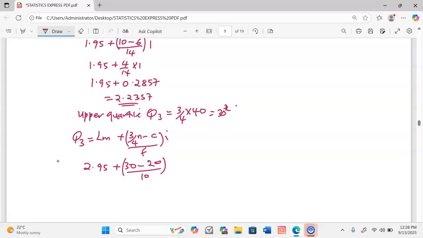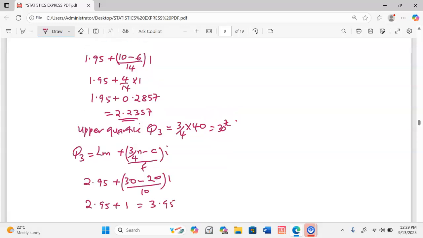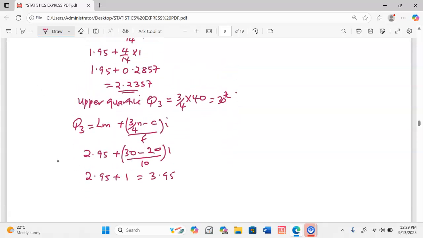We multiply by the class interval, which is 1. So we are going to have 2.95 plus, 30 minus 20 is 10, 10 times 1 will give us 10 divided by 10, which is 1. And the answer here is going to be 3.95.